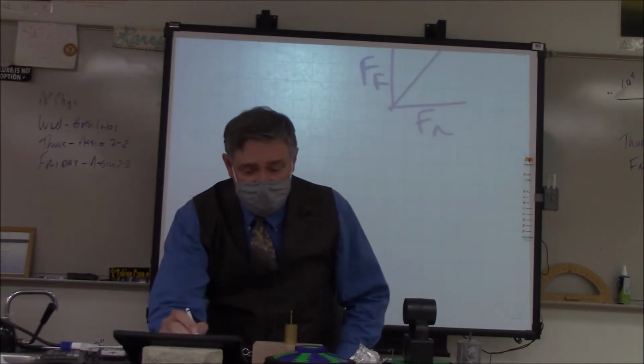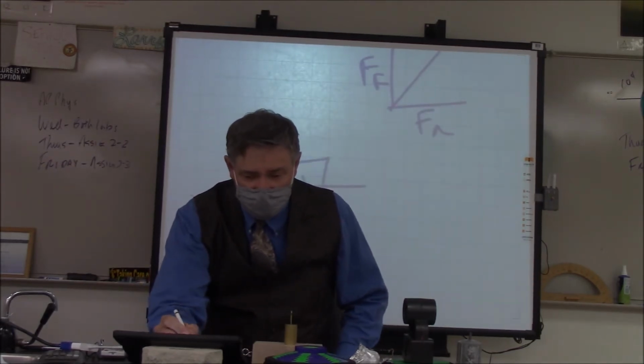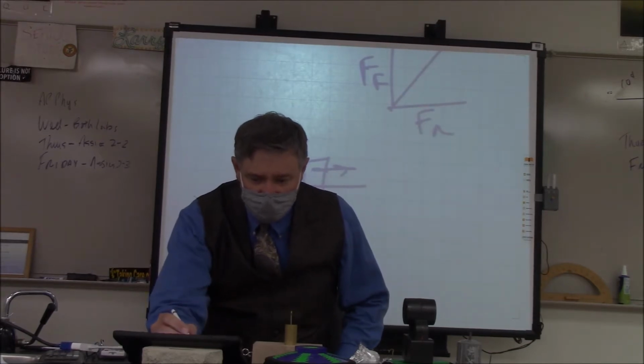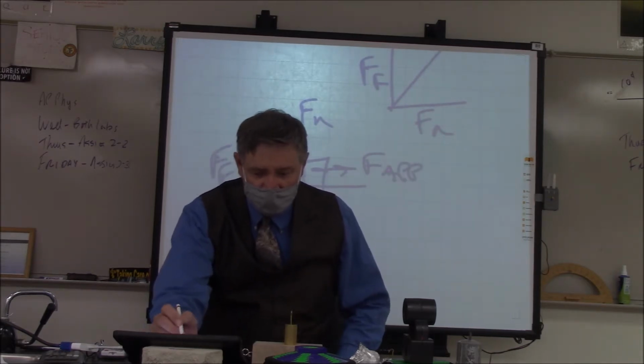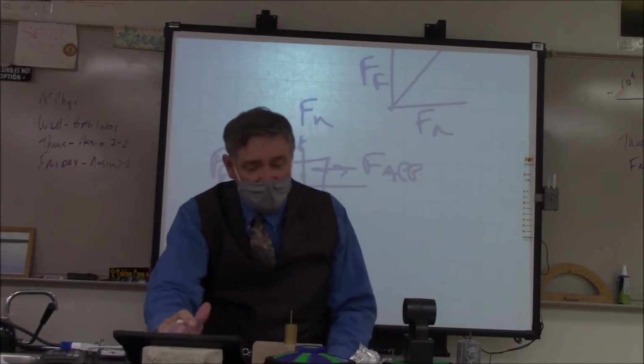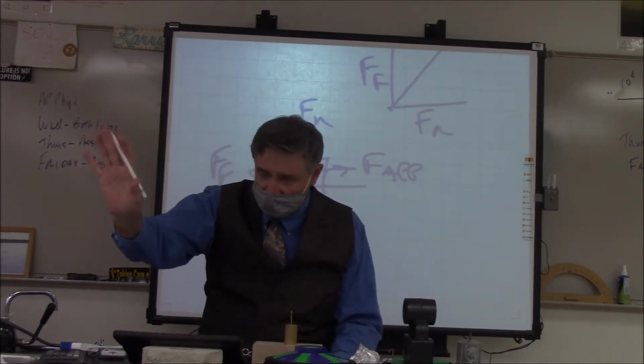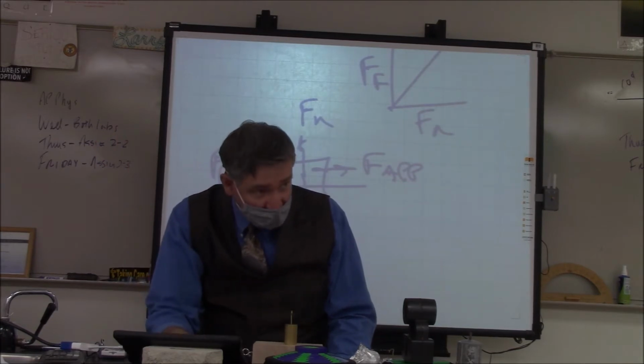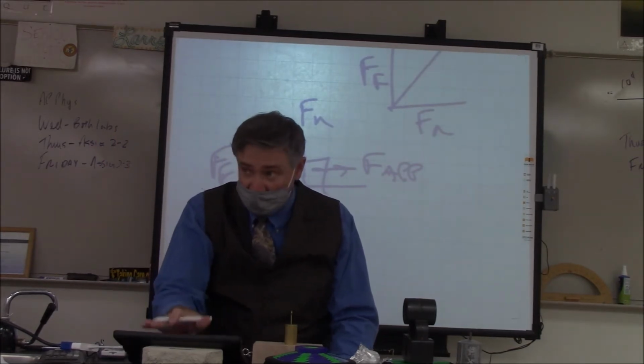You're going to have to draw a free body diagram. It's going to look like this. Make sure you label your gravitational force, your normal, your FAP, and your FOP, opposing force, or force friction, whatever you want to call it. FAP, FOP, FG, okay? Make sure you have those. Make sure I see your scale.